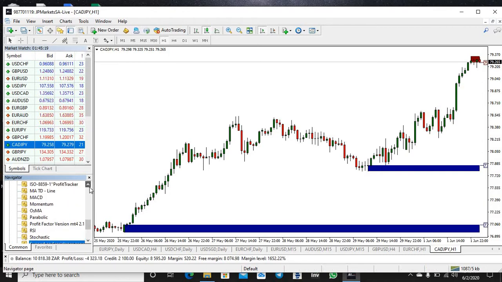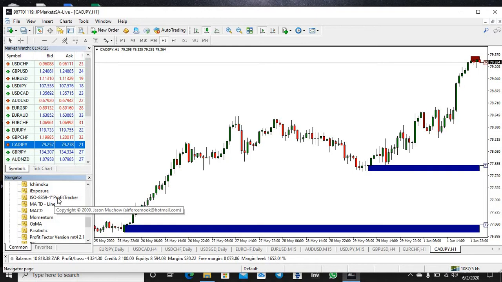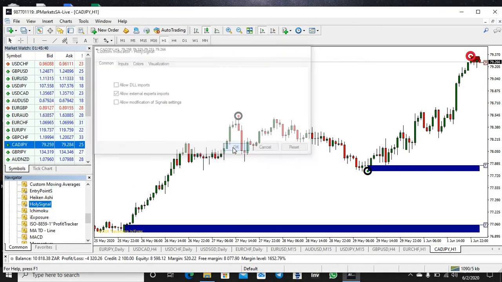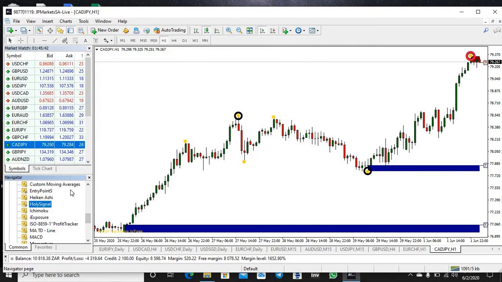And we are going to insert another. These are just combined indicators on a system that is very powerful.